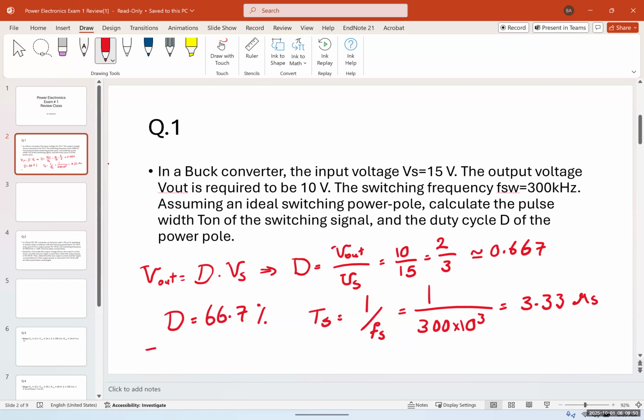And as we know, T on is equal to D Ts. So it's going to be 2/3 or 0.667 times 3.33 microseconds, which almost gives us 2.22 microseconds.